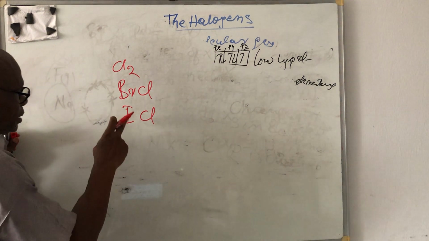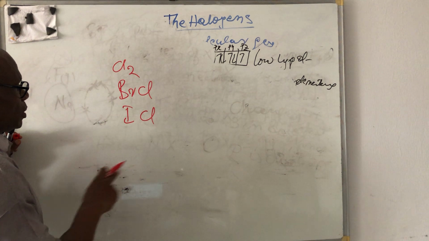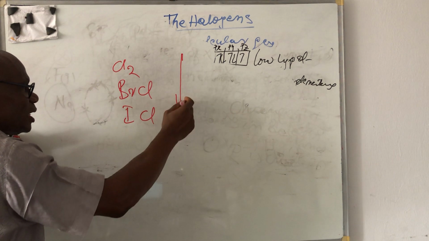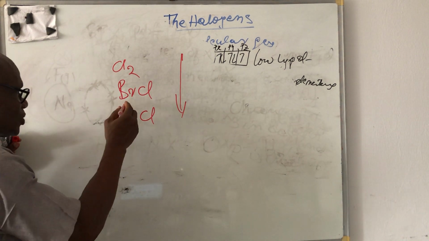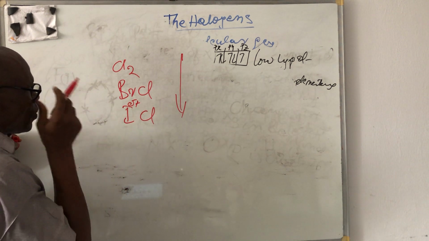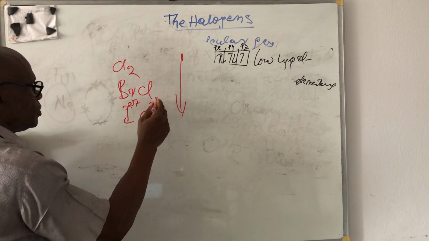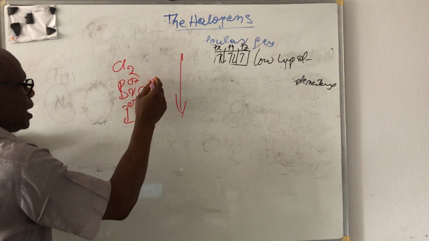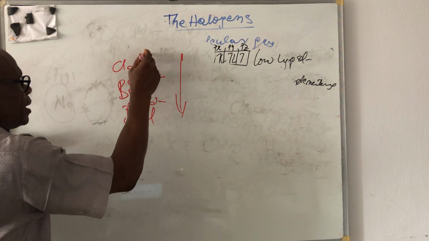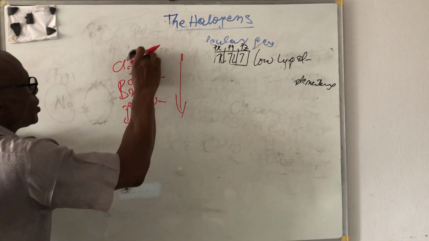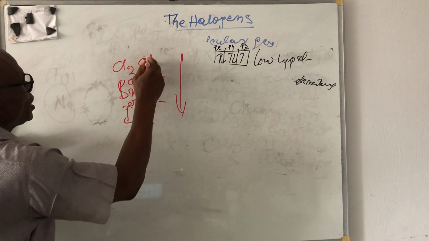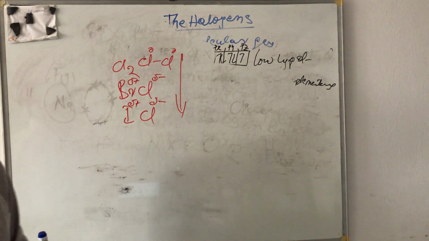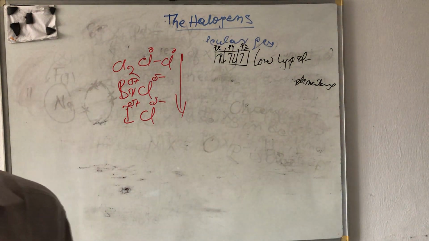Where a halogen reacts with a fellow halogen, the halogen below in the group shall assume a positive charge, while the halogen above shall assume a negative charge. The same thing applies here and here. But if it is chlorine with chlorine, the charge will be 0, 0. There shall be no charge. So that is where we are.